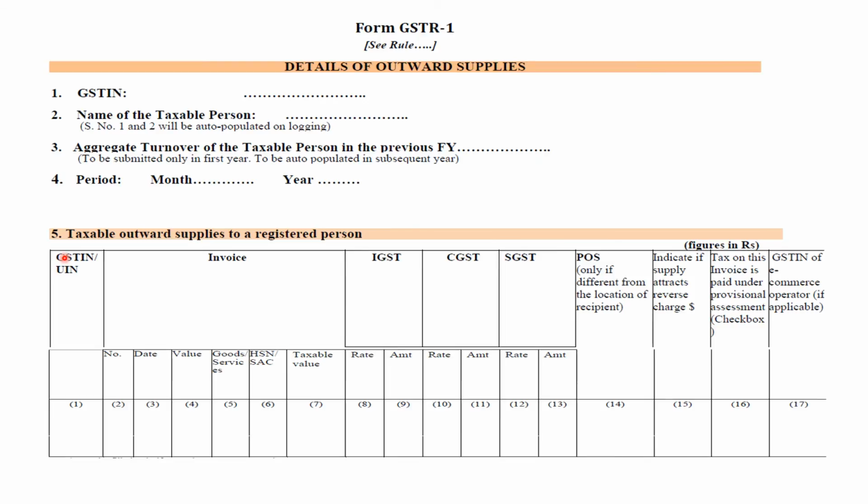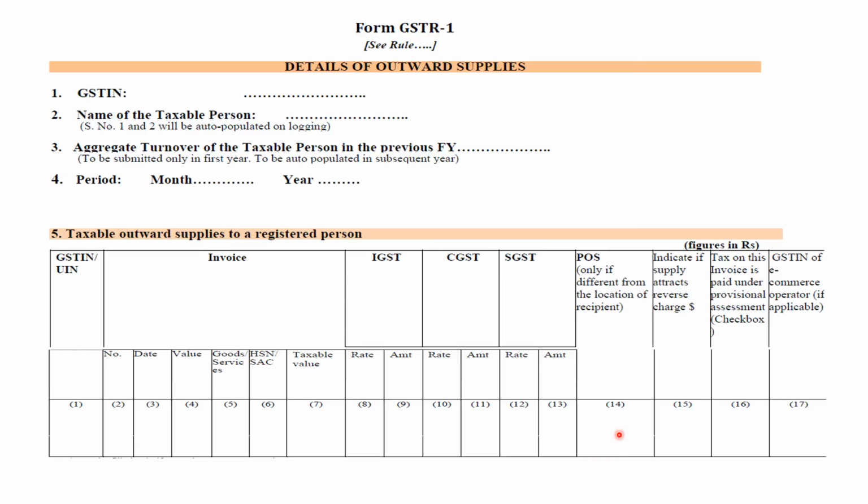will be considered as an intra-state supply, provided the POS value is not there, because POS is required only if the place of supply is different from the location of the recipient, that is the GSTN state code and the place of supply state code. If these are different, then only the POS value in this column is required.